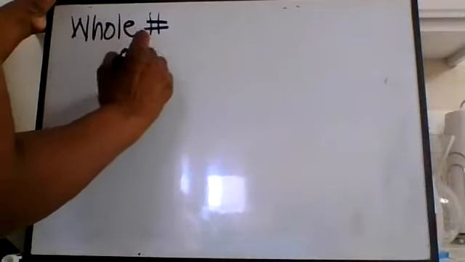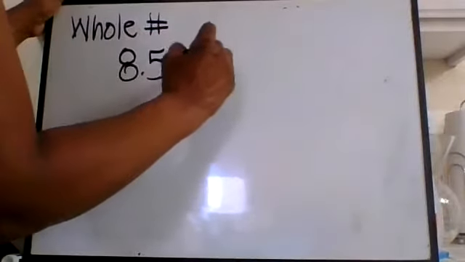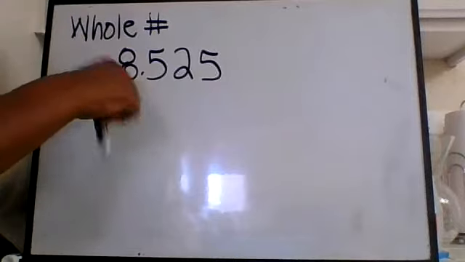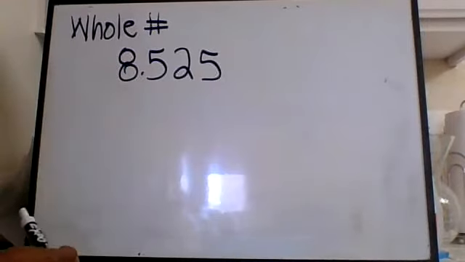All right, so right now we're going to round to the nearest whole number, okay? Let's do this one for example: 8.525. When we're rounding whole numbers, we always look at the number to the right of the decimal, and that would be 5.